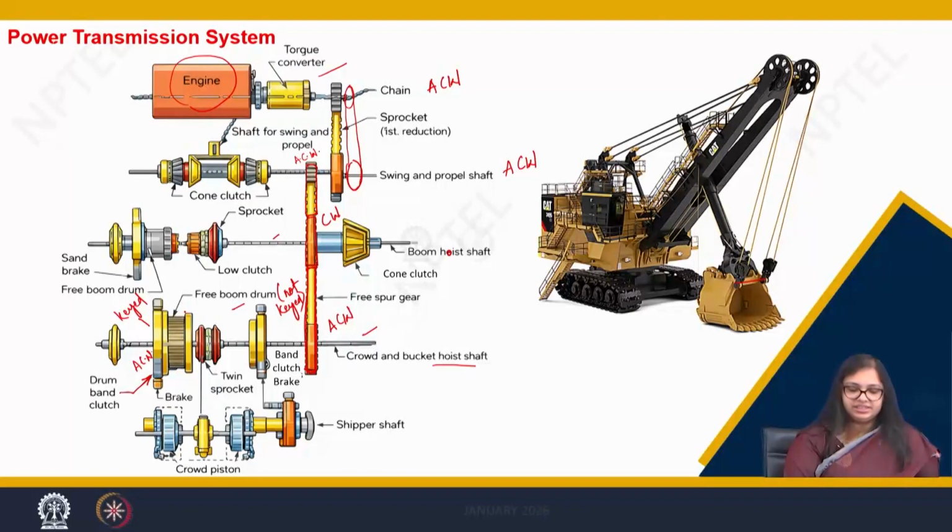So, as long as I keep the drum band clutch that is keyed to this crowd and bucket hoist shaft attached to this free boom drum, my winding will continue and my bucket gets hoisted.